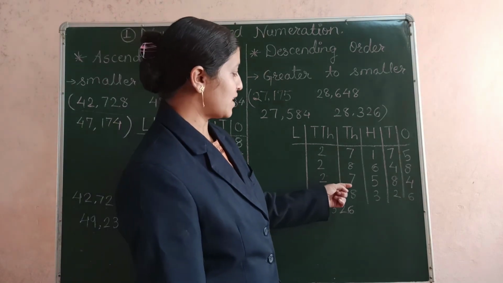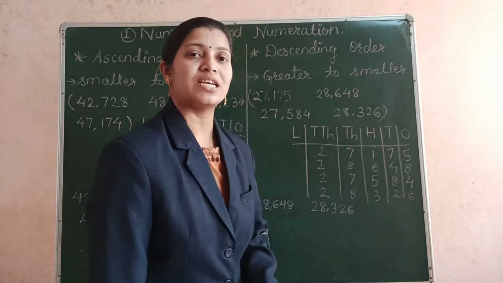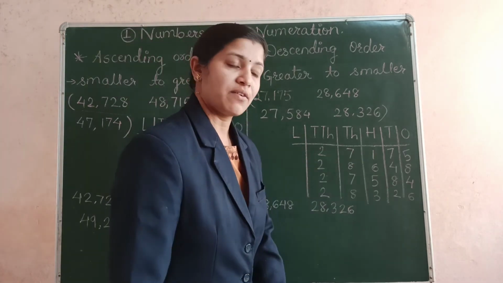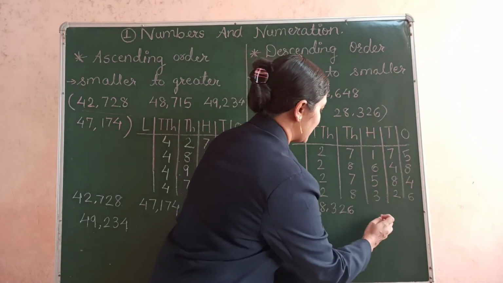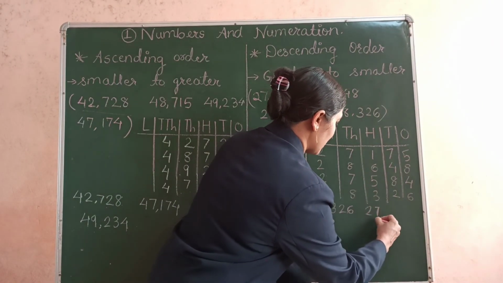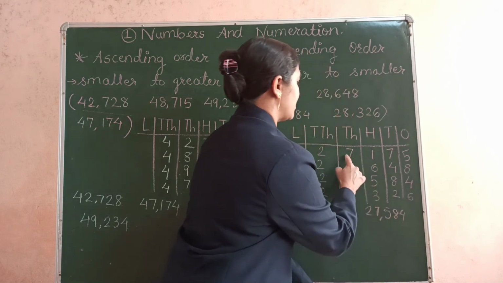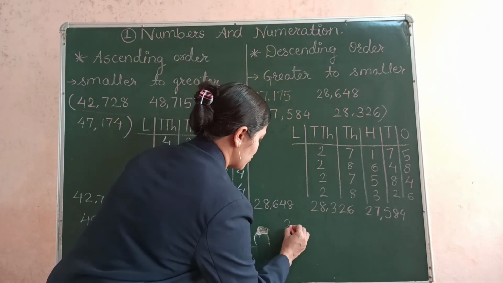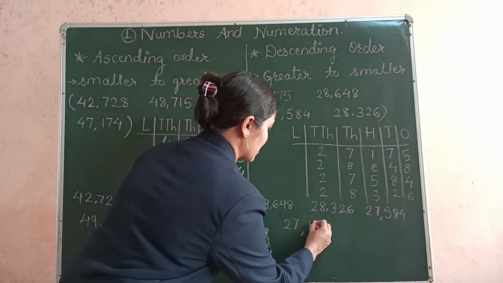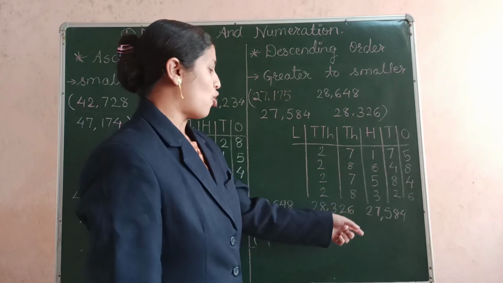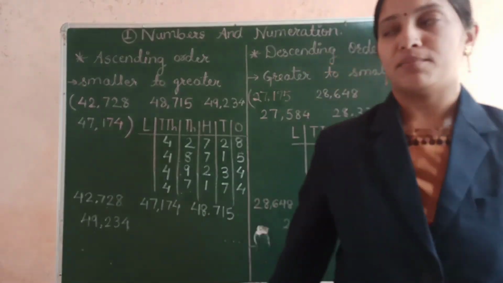So 27,584 is greater than 27,175. So I will write this number, that is 27,584, and this first number, that is 27,175, is the smallest among all these four numbers.